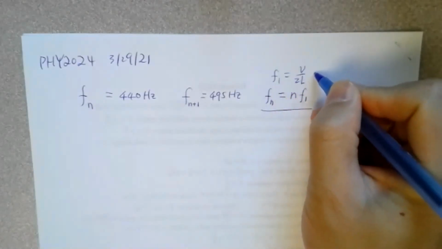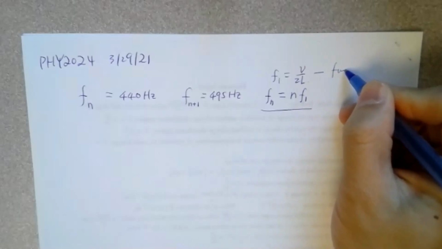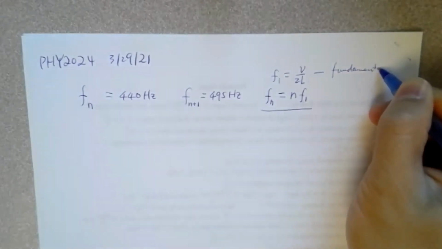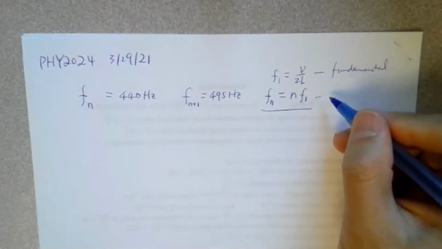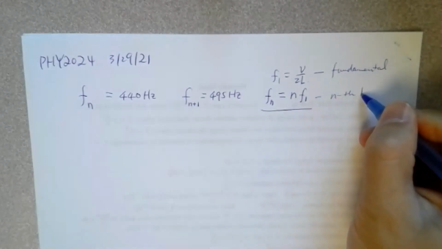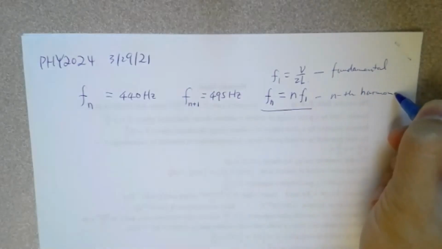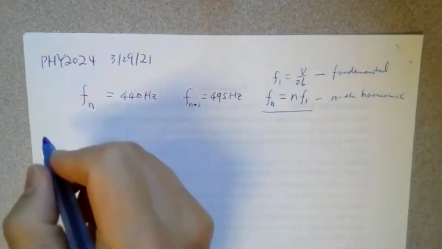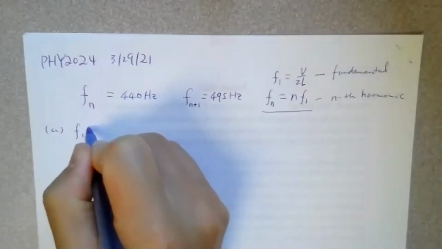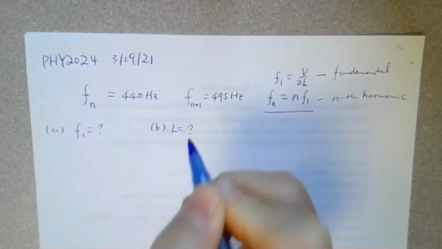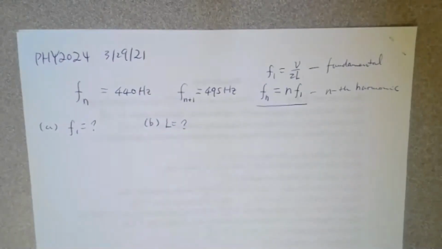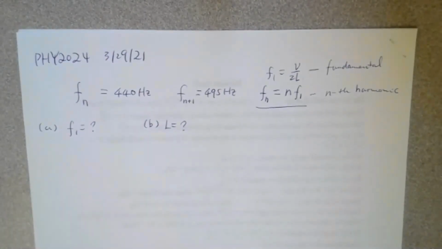So this is the fundamental frequency, and this is a higher harmonic frequency, the nth harmonic. It's asking what the fundamental frequency is and what the length L of the organ pipe is. I'll give you guys a couple of minutes. You can try to solve this one, and then we can take a look at the solution together.